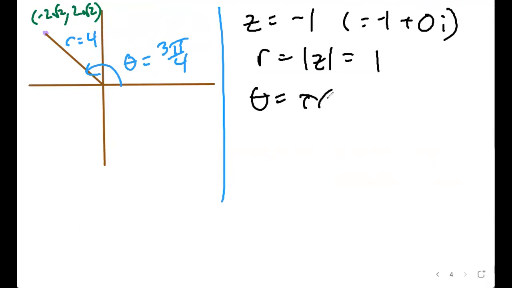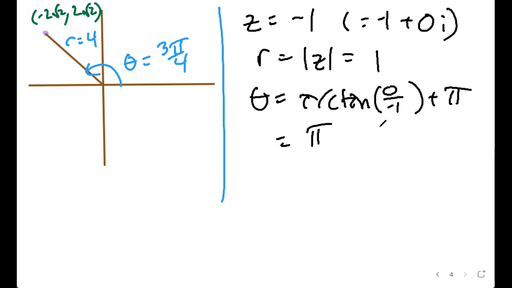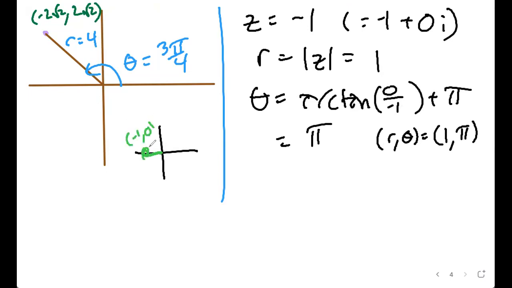Theta would be arctangent of y over x plus pi, because again, x is negative. Arctangent of 0 is 0, so this is just pi. So r, theta is just 1 comma pi, which makes sense, since we are over here at -1 comma 0.